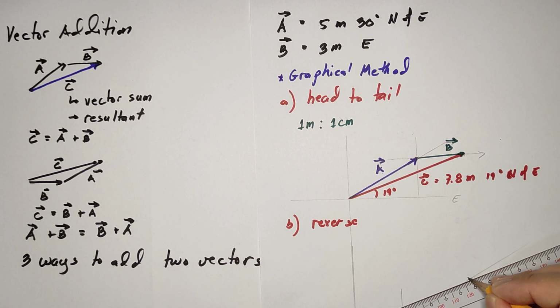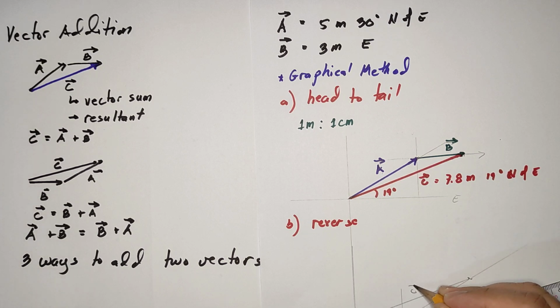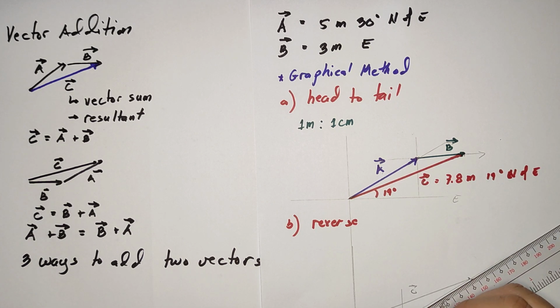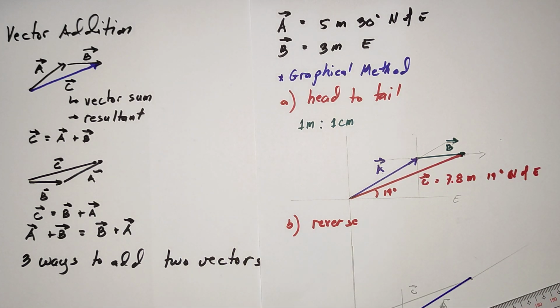Then here's the vector C, and this is A rather. So this is A, okay, and the green one is B, that. Then the red one is C.